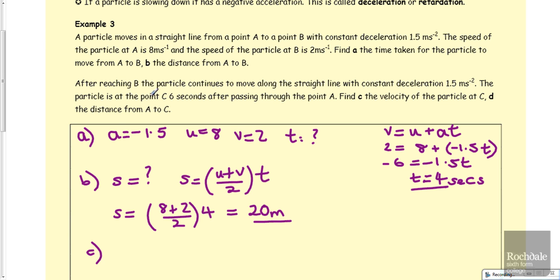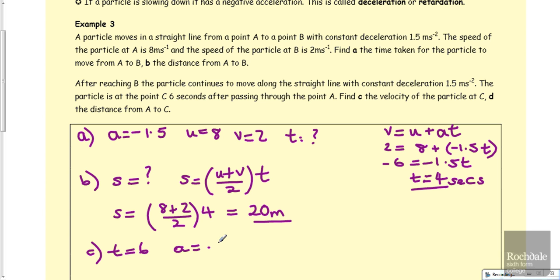Okay, after reaching B, the particle continues to move on the straight line with constant deceleration, and the particle is at the point C 6 seconds after leaving A. So from A, the total time it takes is 6.